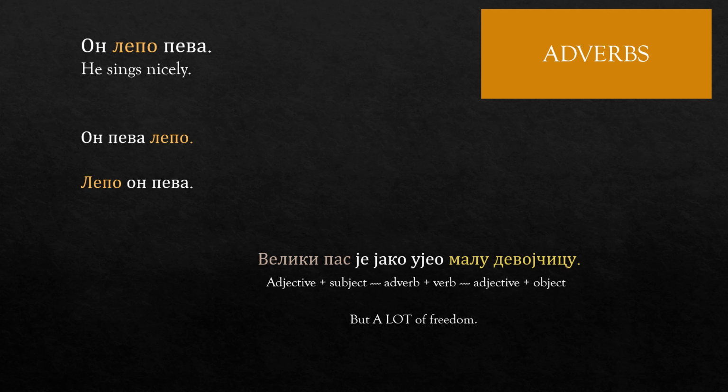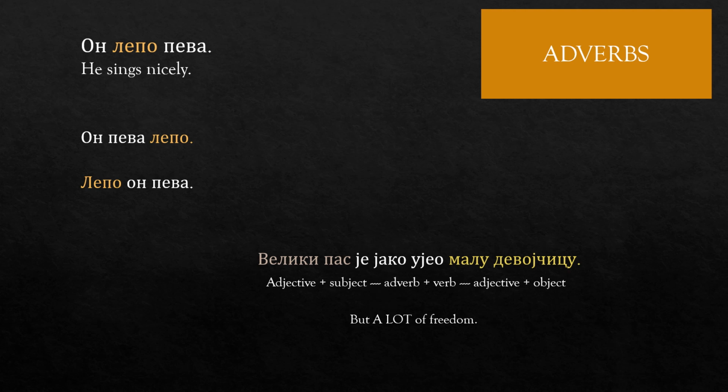So, to summarize, the default neutral order of words in a sentence would be adjective plus subject, then adverb plus verb, and then adjective plus object. Veliki pas je jako ujeo malu devojčicu.